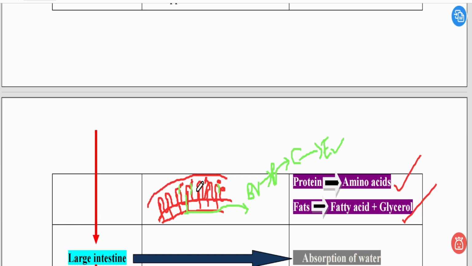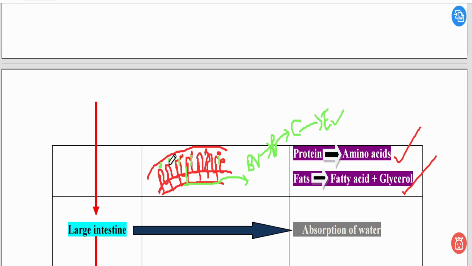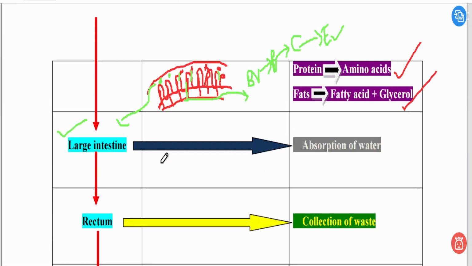Now those food particles that are not absorbed or that remain undigested will remain here, with no absorption, and then will be transferred to the large intestine. Now what happens in the large intestine?